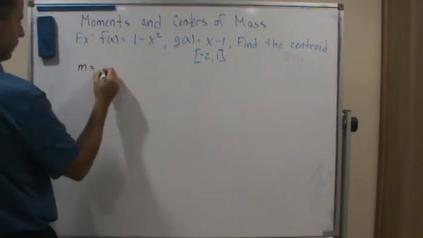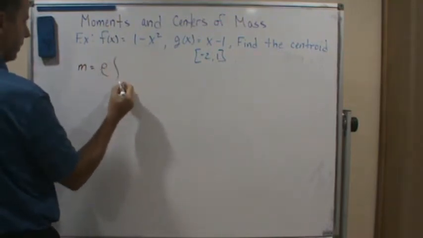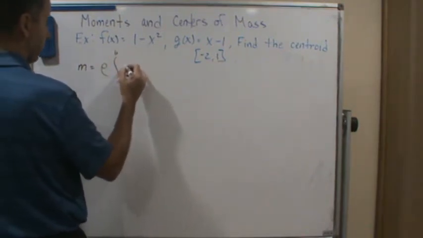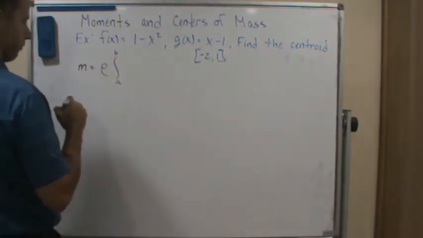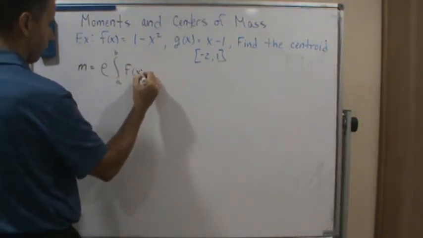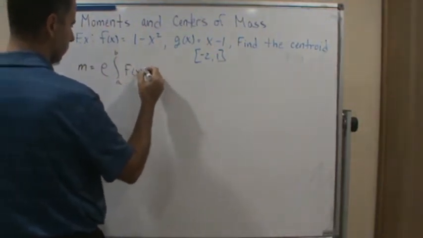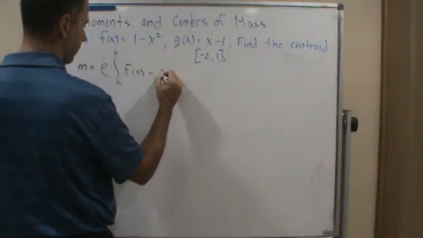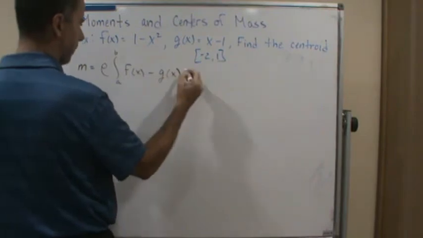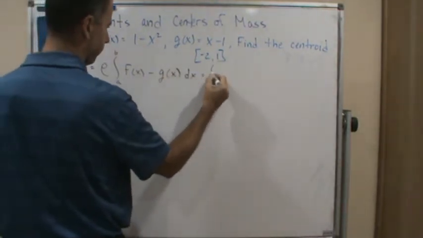So again, this is going to be rho times the integral from a to b of f of x minus g of x, right? The top function minus the bottom function, dx.